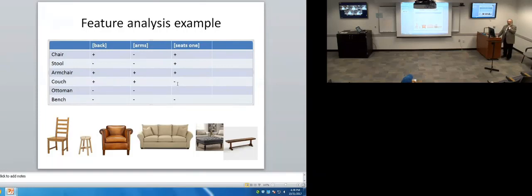Now, in cases like this, sometimes you're going to do something like plus or minus, meaning it depends, we don't know. Sometimes people just put a question mark saying we don't know. Or you take the plunge and you say, I'm going to say, yes, ottomans seat more than one. And by the way, that would be the differentiation between an ottoman and a pouf. A pouf seats one, but an ottoman is bigger, right? But so we're going to put plus minus here. It doesn't really matter.